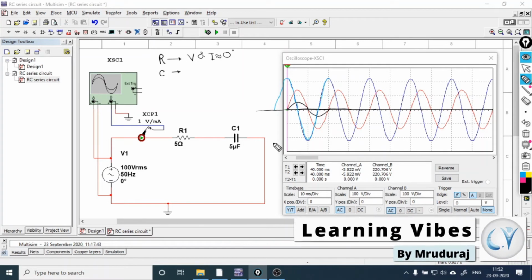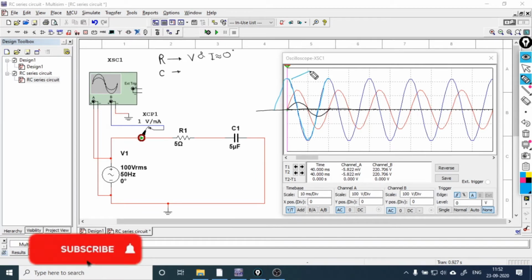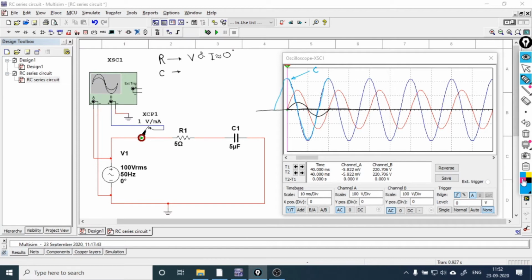This blue waveform is the waveform of current when the circuit is purely capacitive. Let's mention over here that this represents when the circuit is purely capacitive, and this represents the current when the circuit is purely resistive, right? Now let me draw the waveform of voltage.